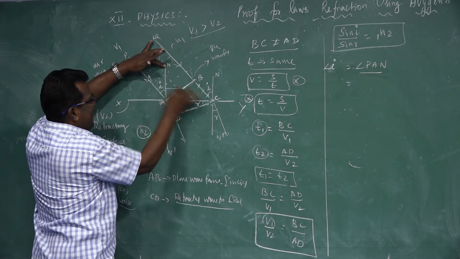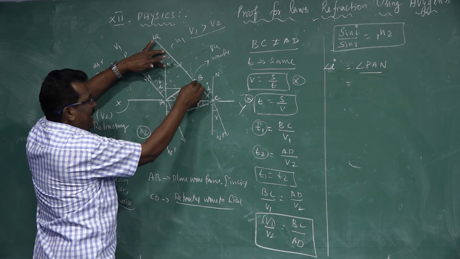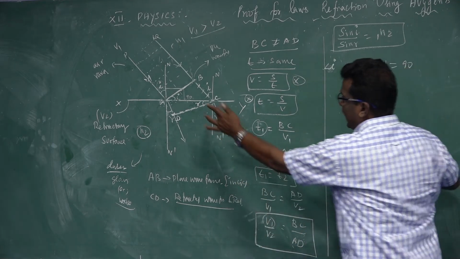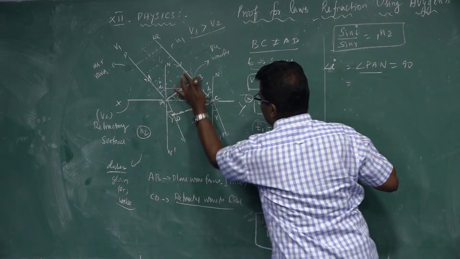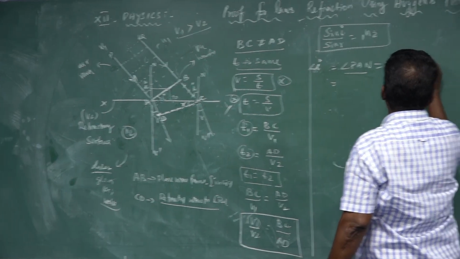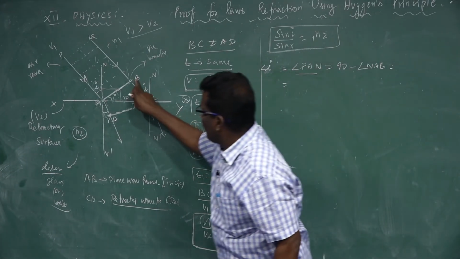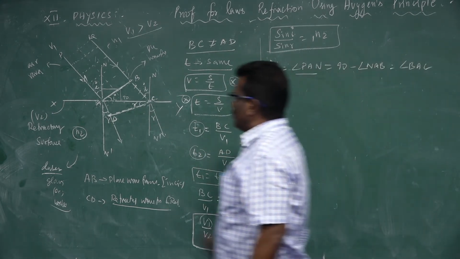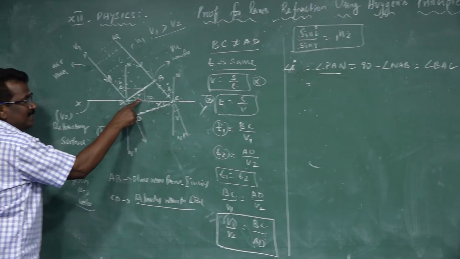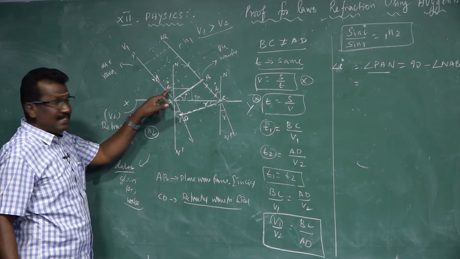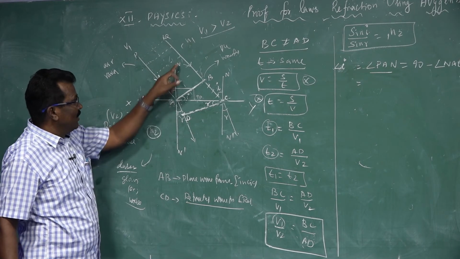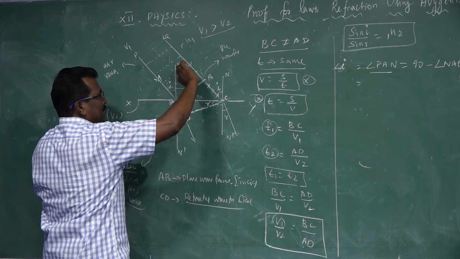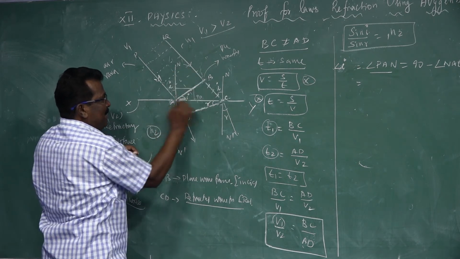If we subtract NAB from 90, the remaining angle is BAC. So this i is equal to this i. The angle of incidence i is equal to PAN, which is 90 minus NAB, leaving the angle BAC.